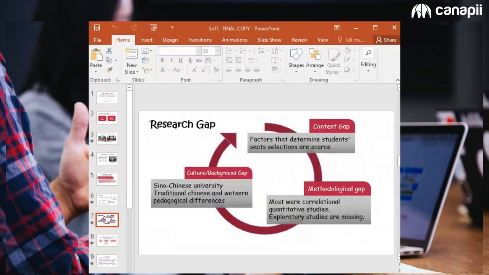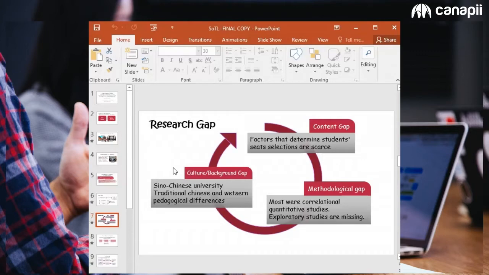Yes, and the next is the research gaps. Actually, the biggest gap in our research is the methodology gap, because we found that almost all the research related to seating arrangement is quantitative studies, and all of the factors and antecedents are predetermined by the researchers.